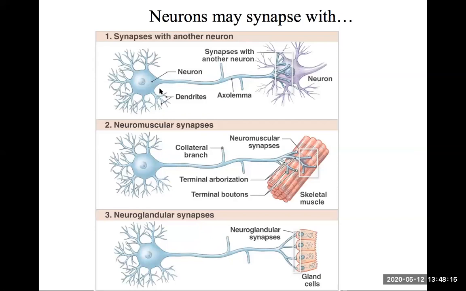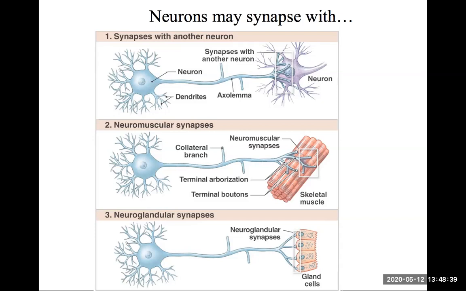Okay, so here's this sort of summary. Here's one neuron; follow the axon, and you get to another neuron. So this is a synapse from one neuron to the next. Now, you remember we looked before at a neuromuscular synapse. I showed you that when we were looking at how muscles contract, and we focused on neurotransmitters.